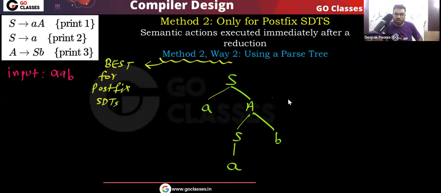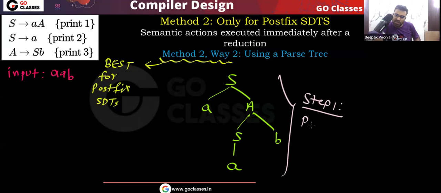Very simple. Now, once the parse tree has been built, what is step number 2? This is step number 1: build the parse tree without semantic actions.